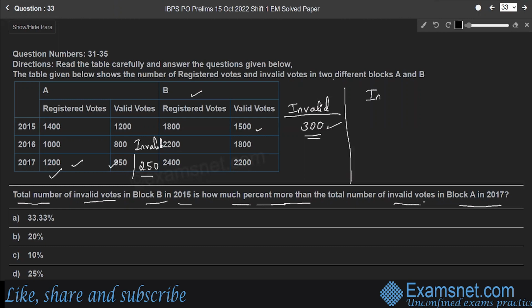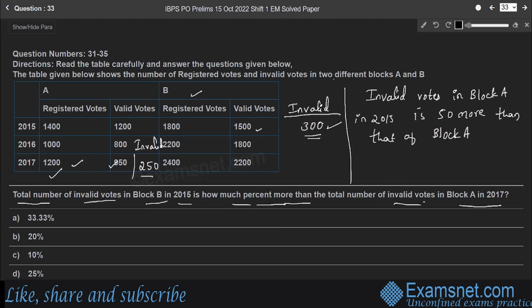So invalid votes in block B in 2015 is 50 more than that of block A in 2017. Therefore, the required percentage: how much percent more than?